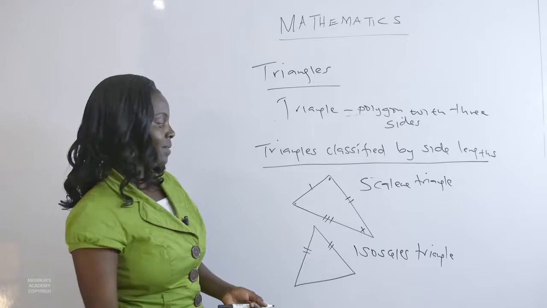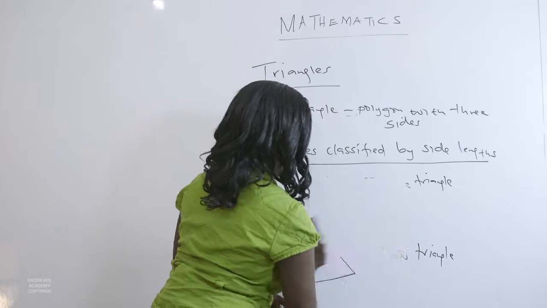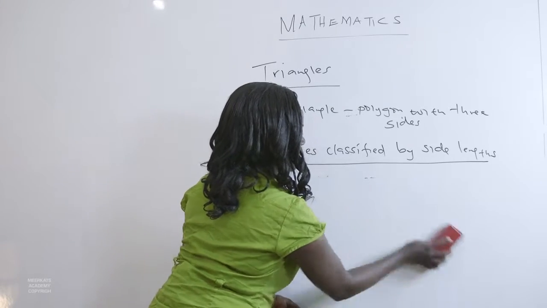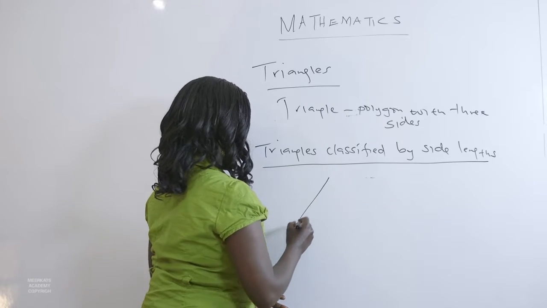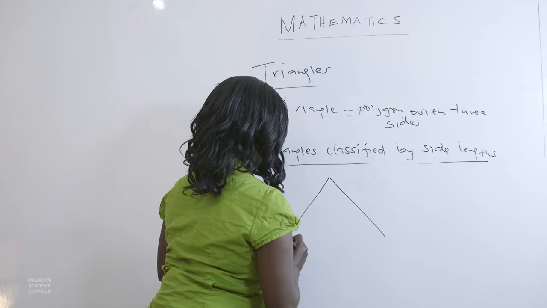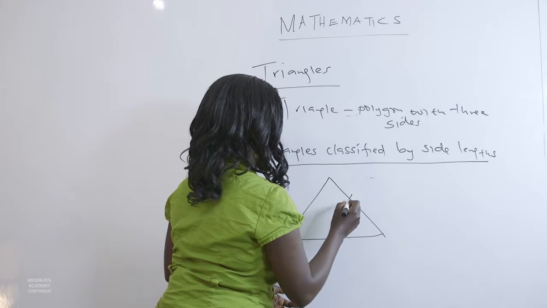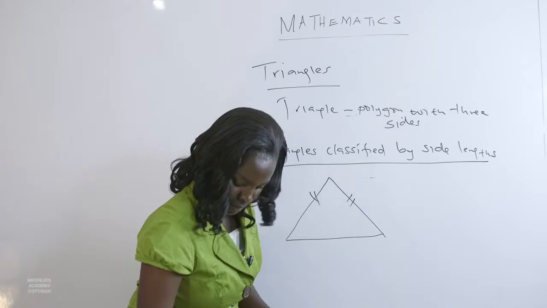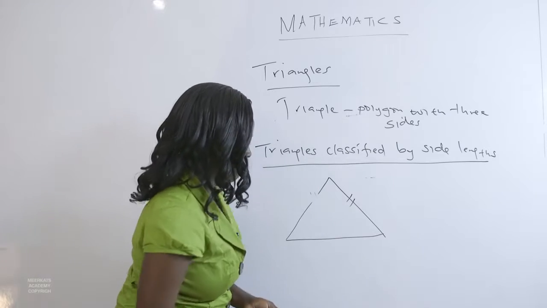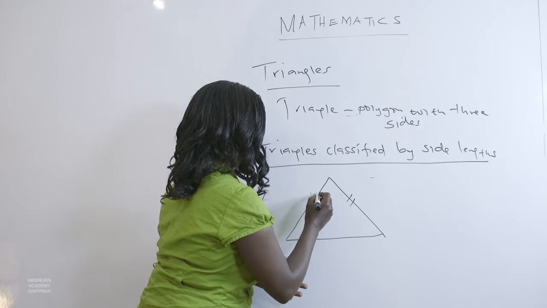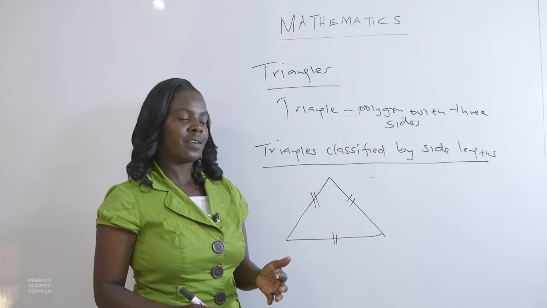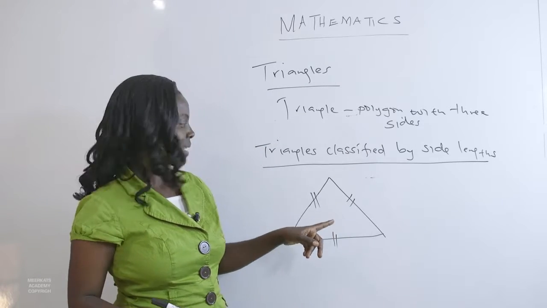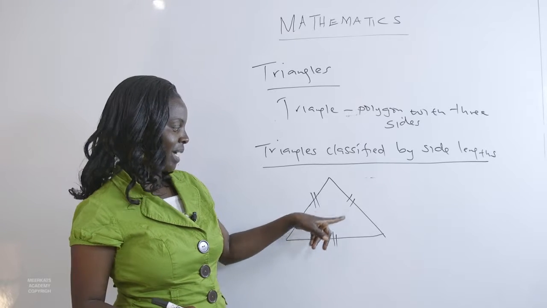Then we have the final one. In terms of side length, you realize that they have the same markings throughout.